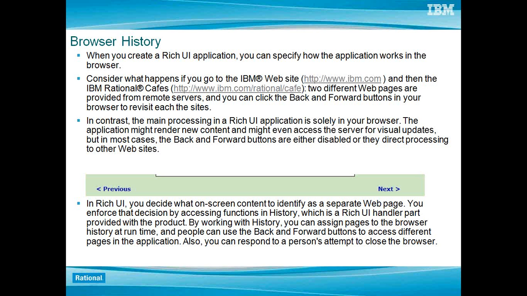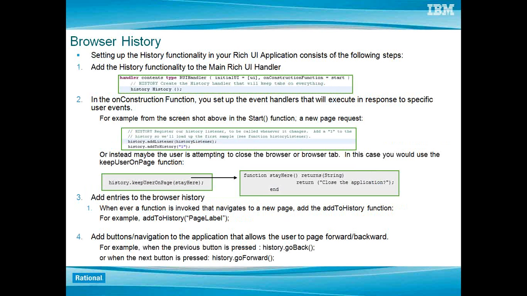So if we have multiple Rich UI handlers and we want to see which was our first URL, first Rich UI page, and then where the user went, and then where he transferred to, the third page, what was the fourth page. In this way we can track their pages, and we can go next or previous.